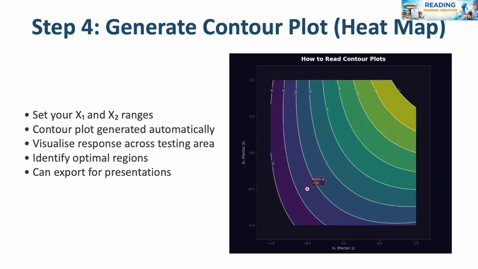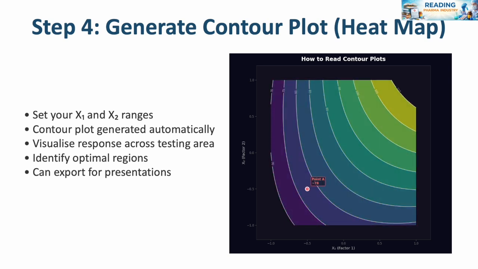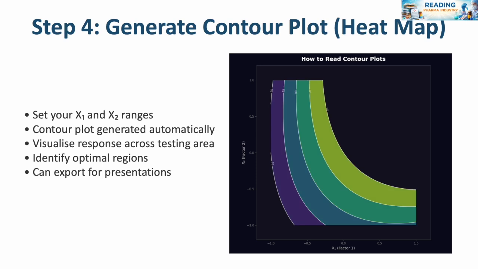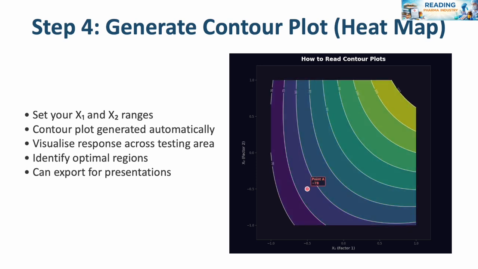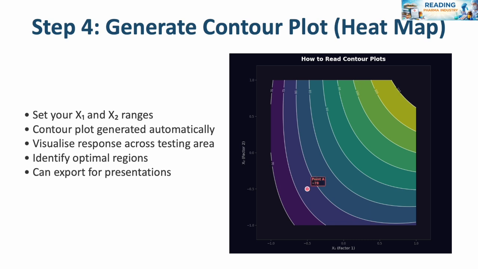To make sure we have a good representation of the data, we will use a contour plot. The contour plot transforms your equation from an abstract formula into something you can visualize, a visual map. You need to set your axis ranges to match your experimental range. This is really important, because if you extrapolate beyond that, it could be risky. Your model may not really fit.